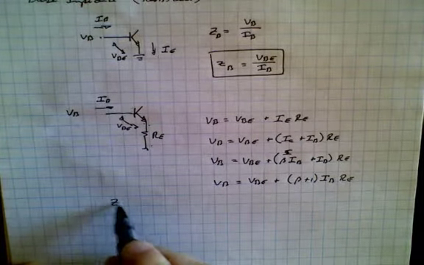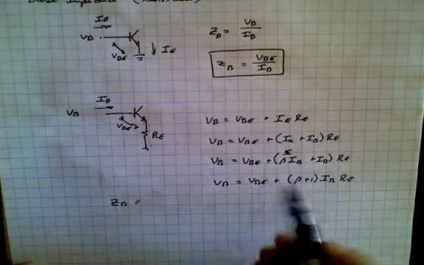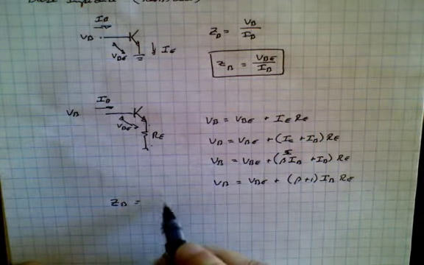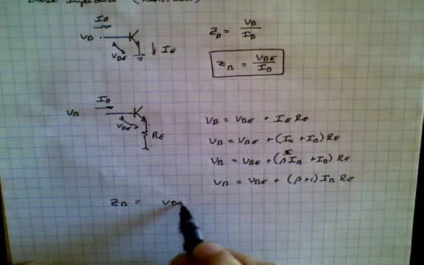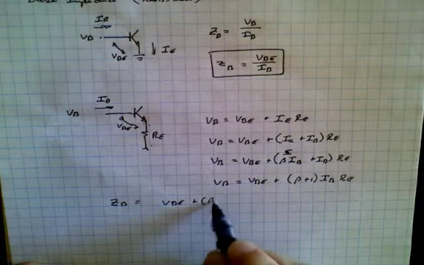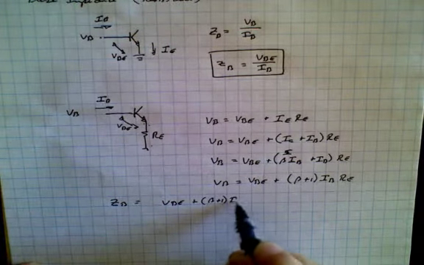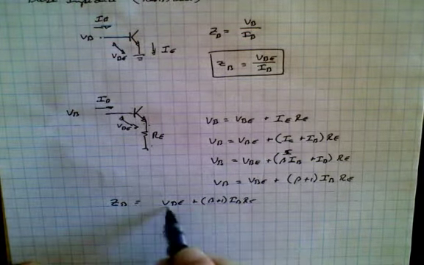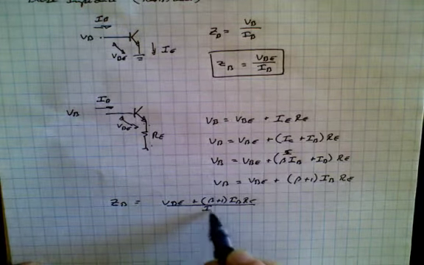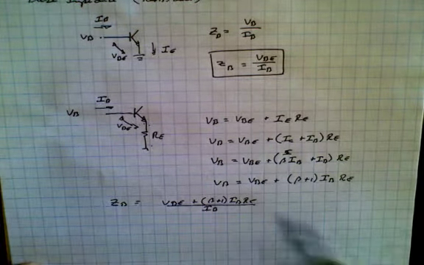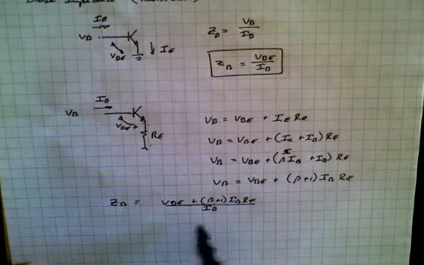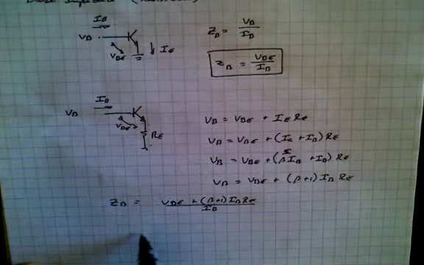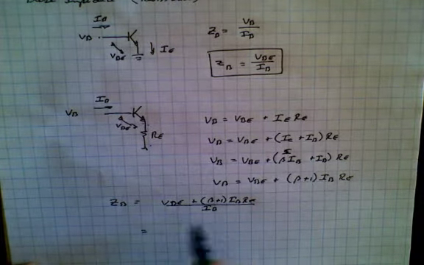The impedance in the base now becomes this: VBE plus beta plus 1 IB RE, all divided by IB. So this can be simplified to simply VBE divided by IB.